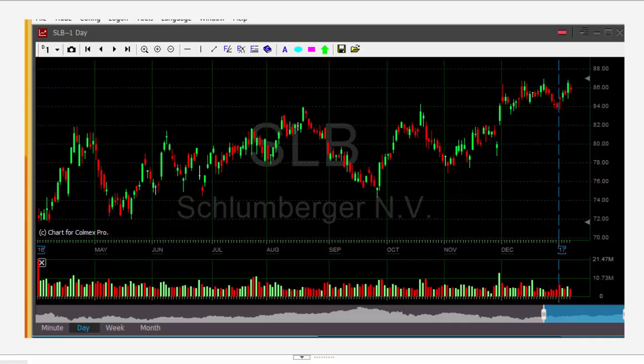Imagine a company, let's say SLB, goes to Goldman Sachs and says, we think the price is just way too low. Goldman Sachs says, fine, you want to buy $2 billion worth of shares, we're going to buy this for you, no problem.